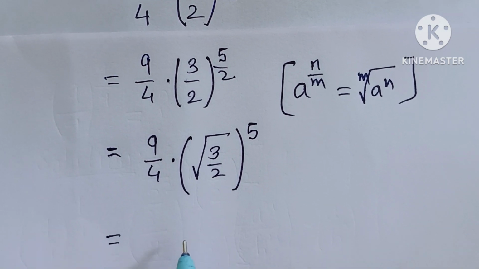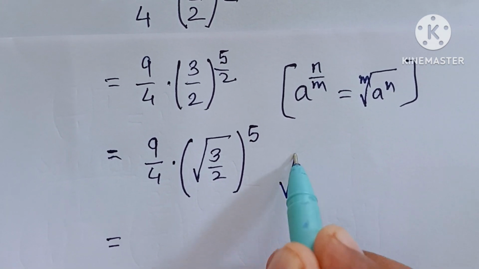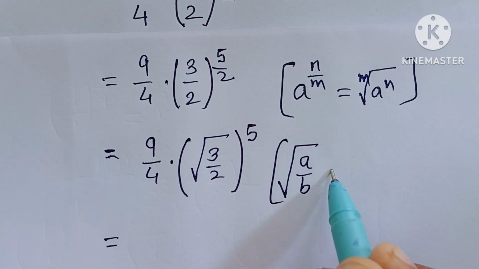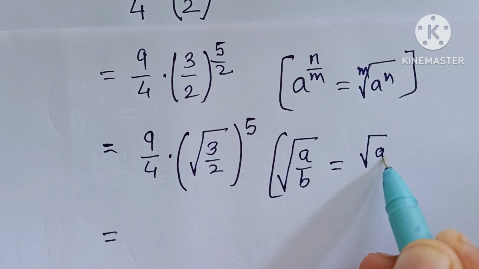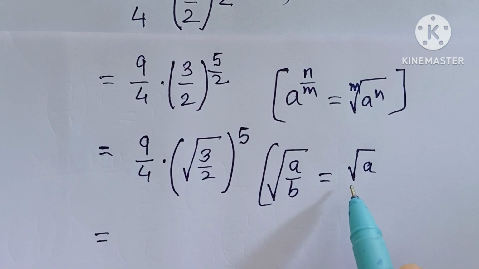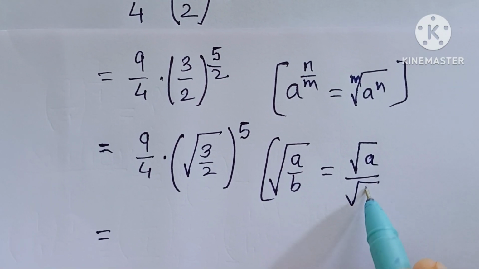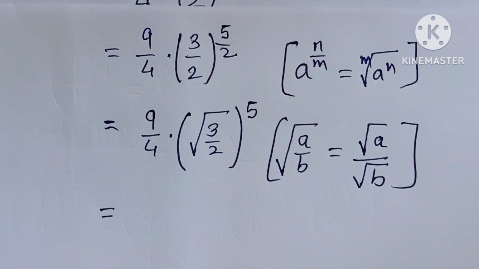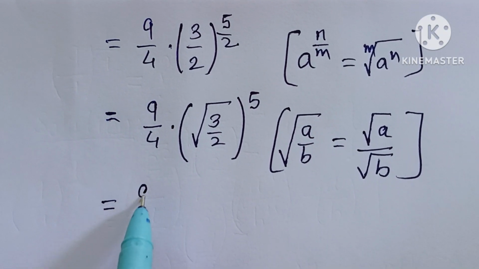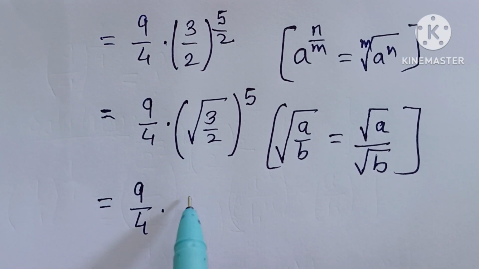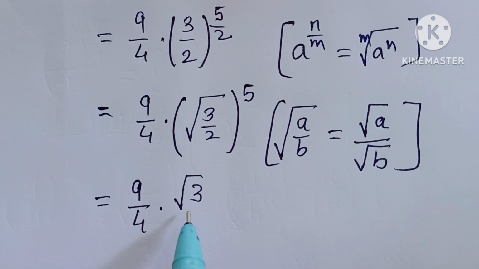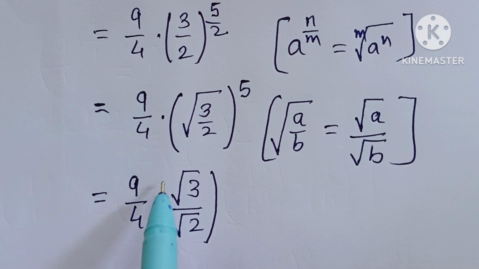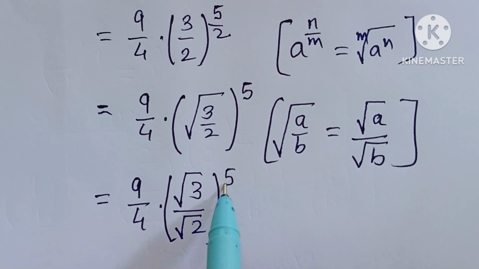Here we will apply root of (a by b) equals under root a divided by under root b. This we will apply here. Now 9/4 into (root 3 by root 2) whole raised to the power of 5.